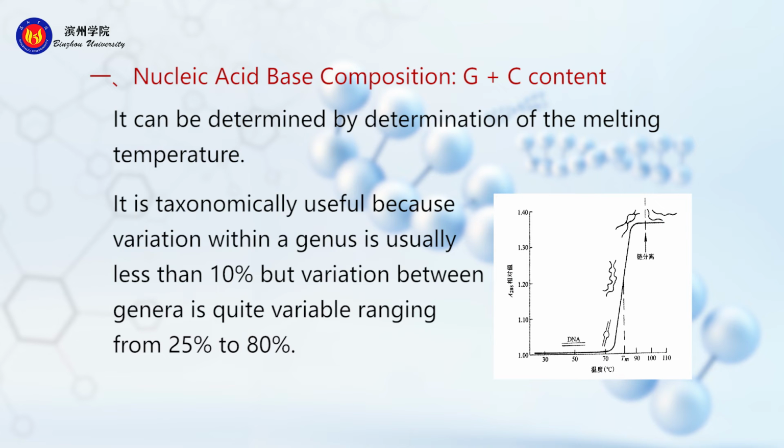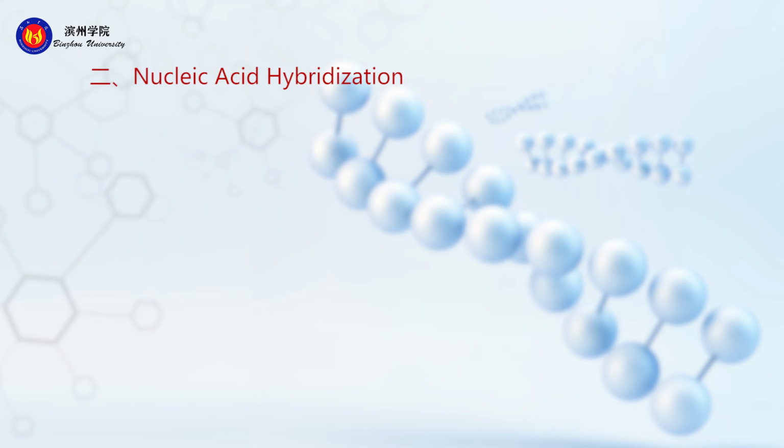It is taxonomically useful because variation within a genus is usually less than 10%, but variation between genera is quite variable, ranging from 25% to 80%. Secondly, nucleic acid hybridization.